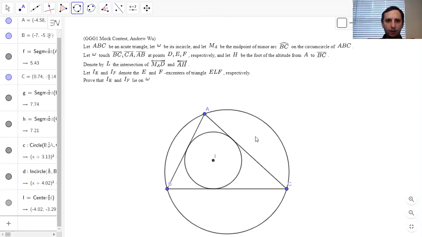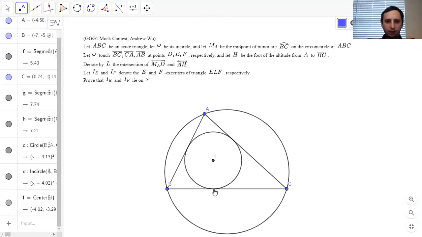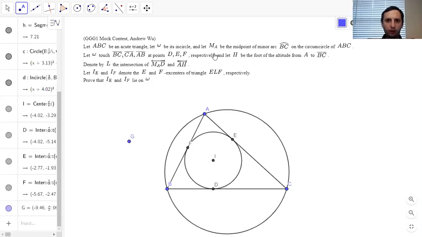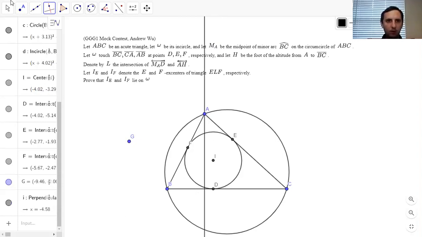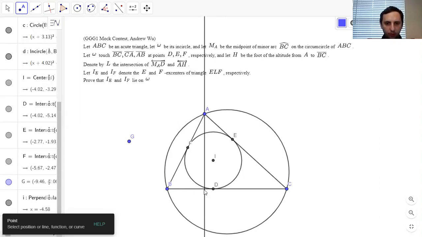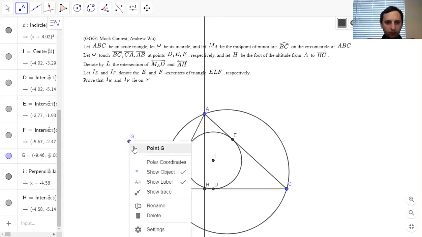Okay. And it touches each of the sides at D, E, and F. And H is the foot of the altitude from A. So I'm just going to draw a point. I know I also have to draw this MA. I'm going to draw it in a second. So this point is H. So I can delete G now.